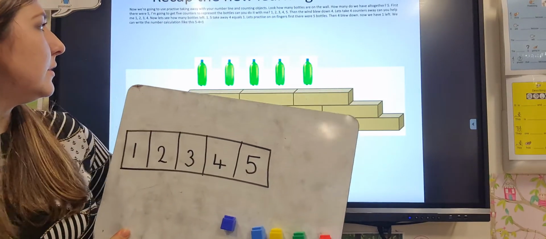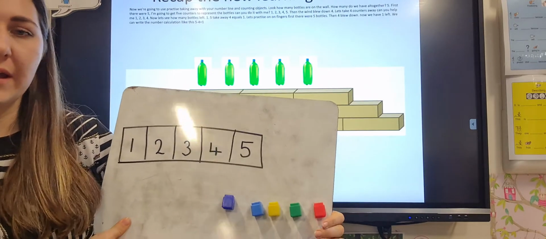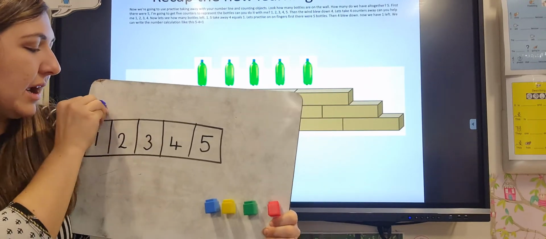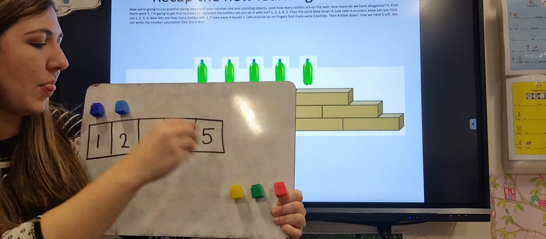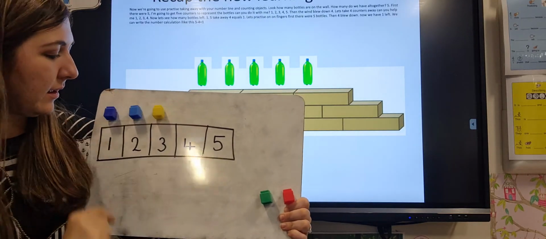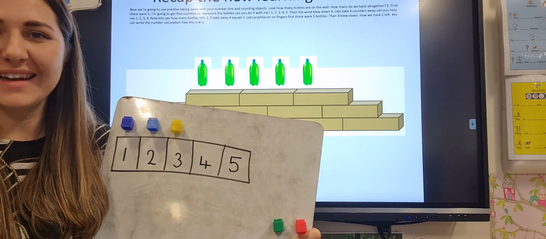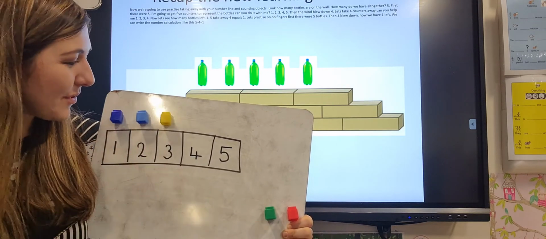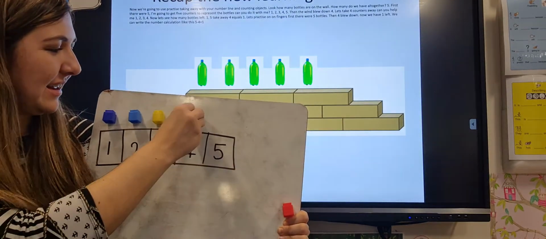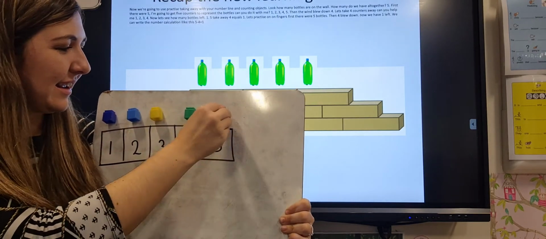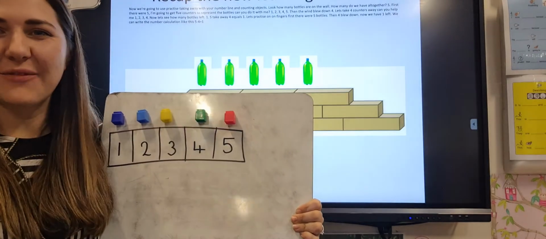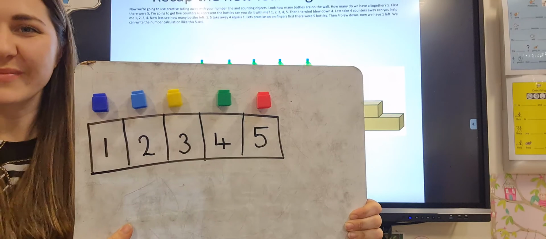The whole is 5. We start our story with 5 bottles on the wall. Have I put 5 above my number line? No, that's only 3. Have I added 5 counters now? Yes.